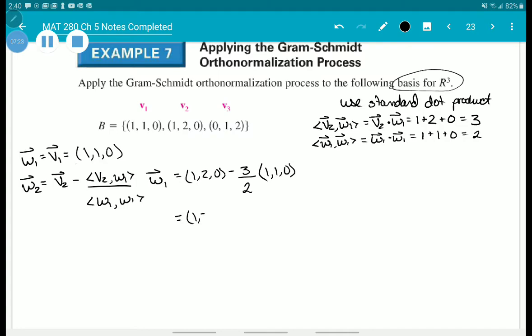So we have 1, 2, 0 minus, and I'm going to go ahead and distribute this through, 3 halves, 3 halves, and 0. So our W2 vector, our second vector, is negative 1/2, 1/2, and 0.